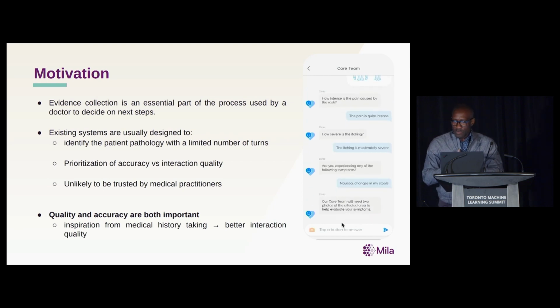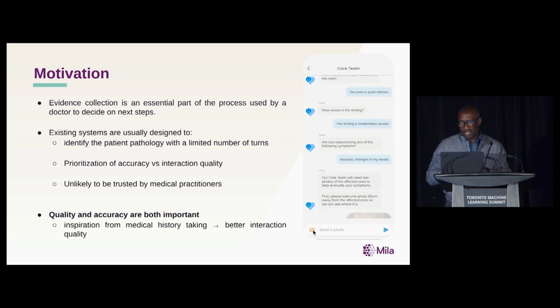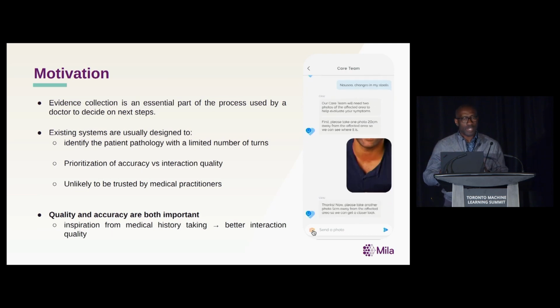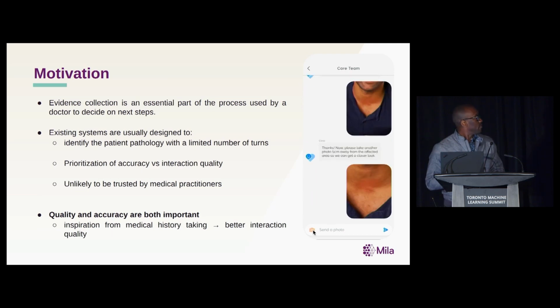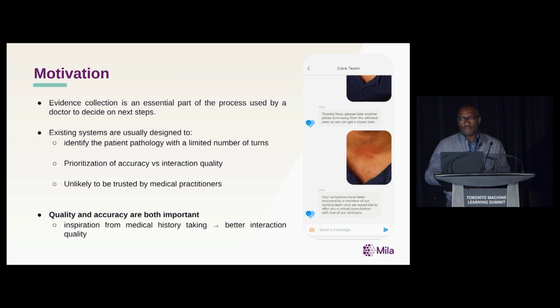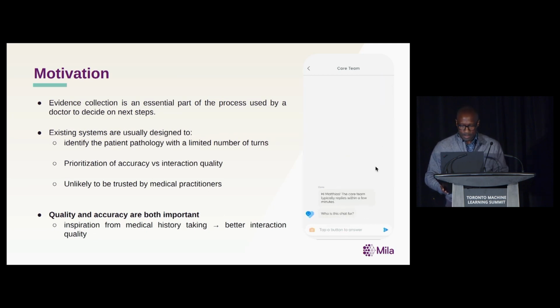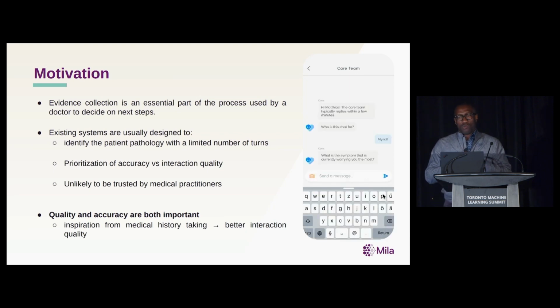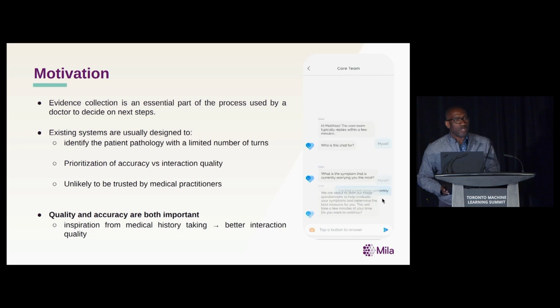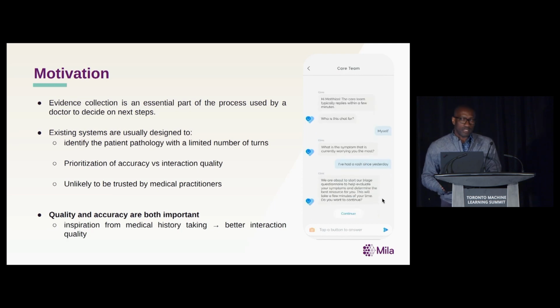So in this work, we were interested in a setting where a medical doctor gets involved and reviews the output of the information collected by the AD system. And in that setting, we believe that the quality of the interaction is just as important as the accuracy of the system, if not more.